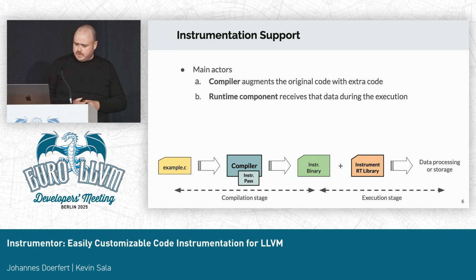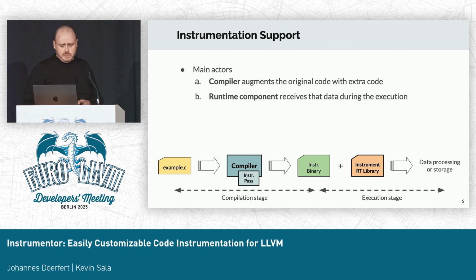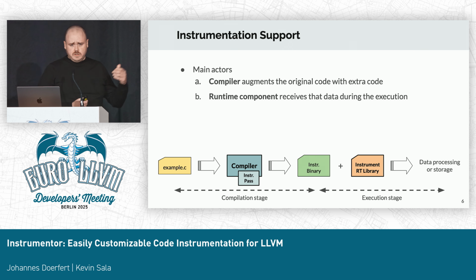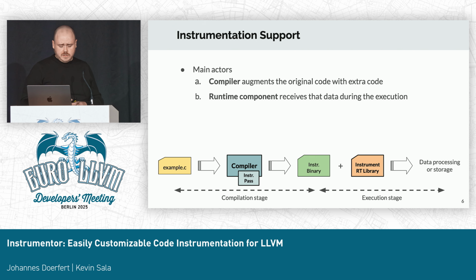And then the runtime component, which can be a library, is the one that will receive all this information, gather it during the execution of the application, and process the data online, or just store that data in a file and then process it later at another moment.